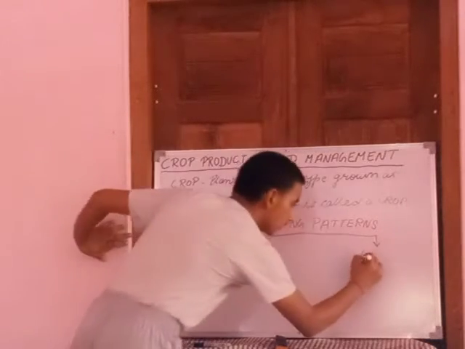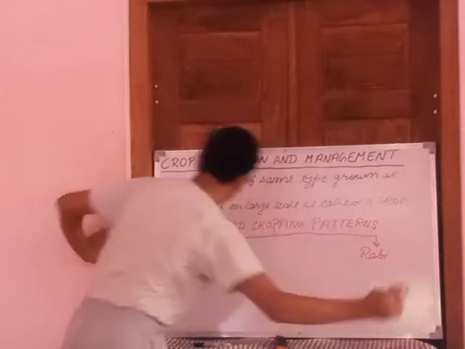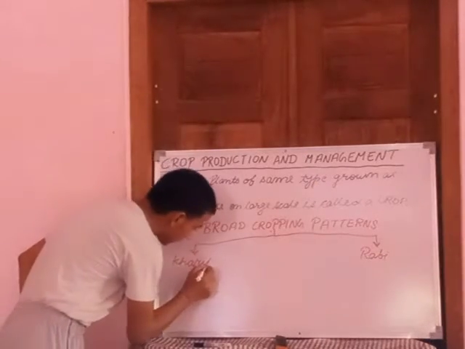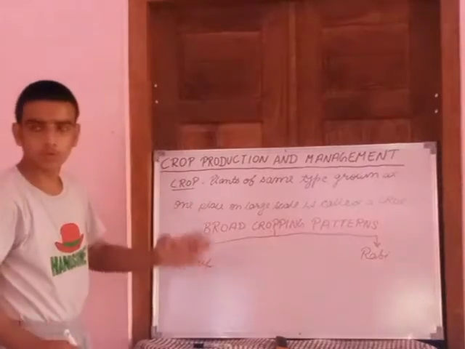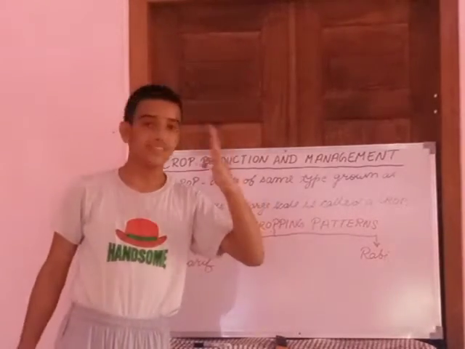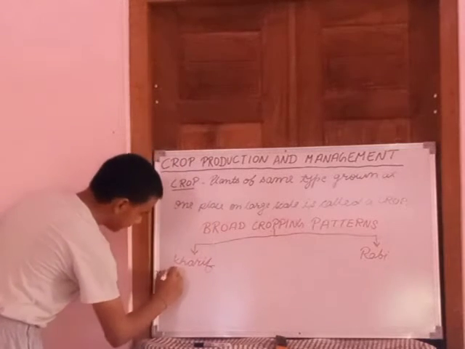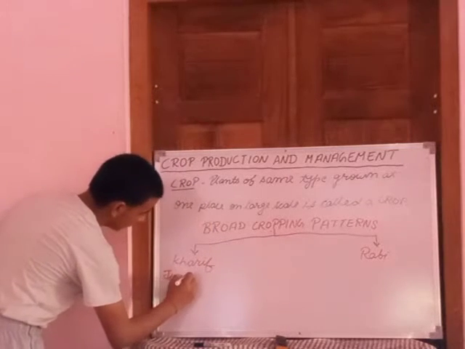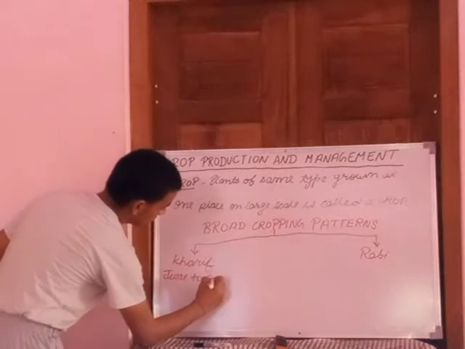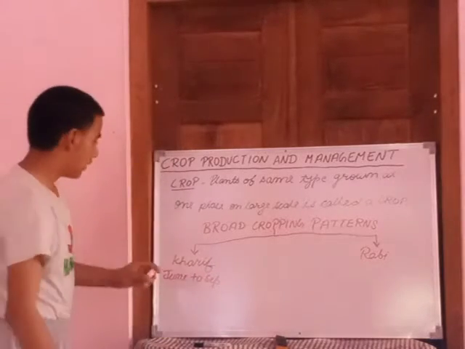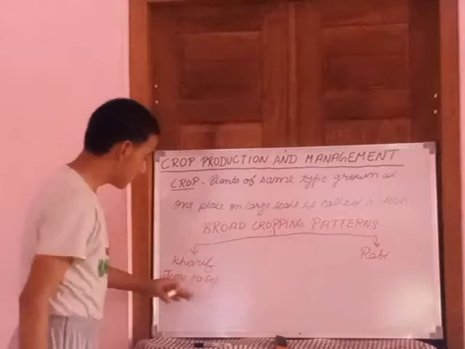Now let's discuss the Kharif crops. Kharif crops are those crops which are grown in the rainy season, means from June to September, and they are harvested nearly in September.